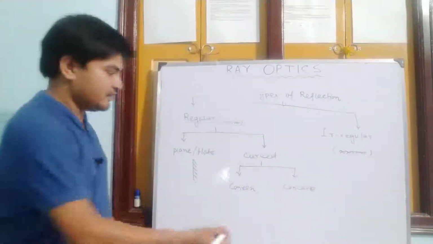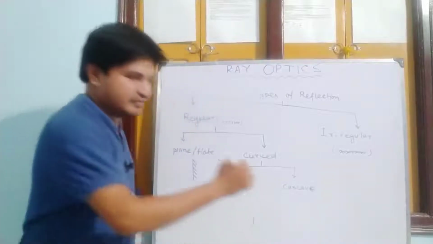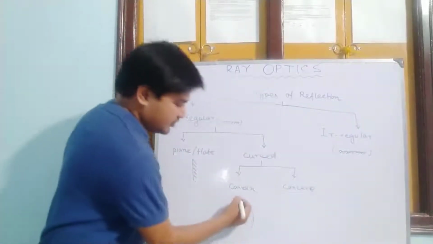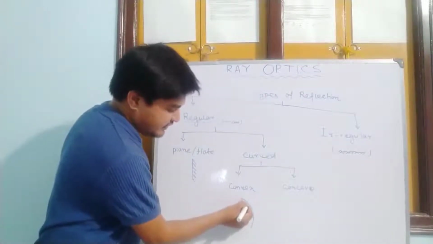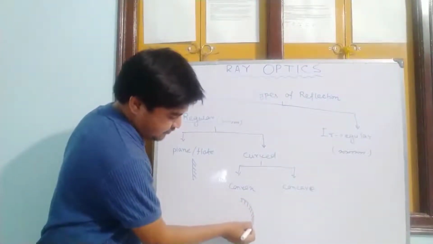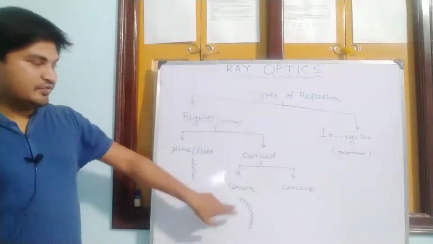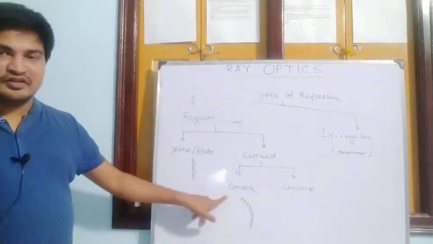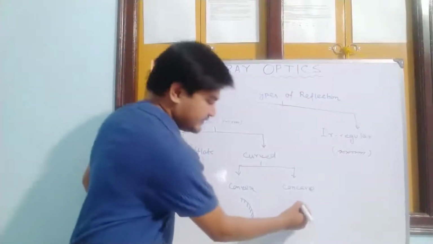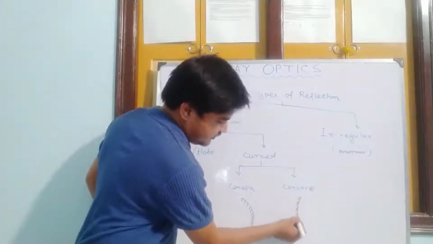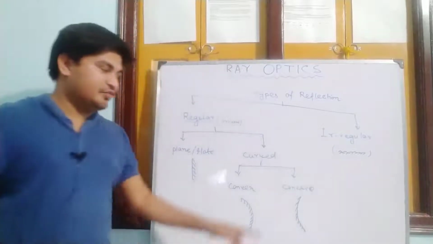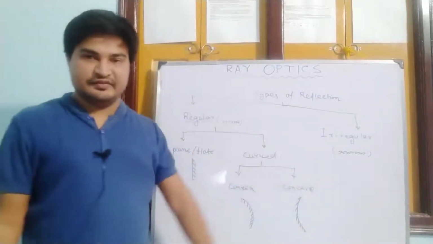The type of reflecting surface in which the reflecting surface remains in the outward direction is called convex, and if the reflecting surface remains in the inward direction, then that type of surface is called concave.